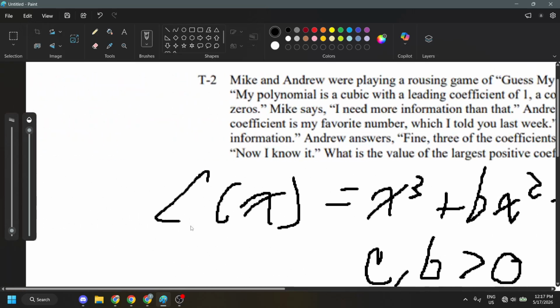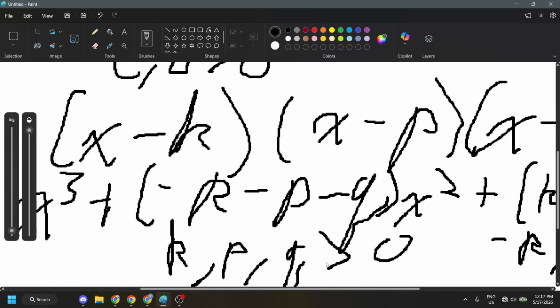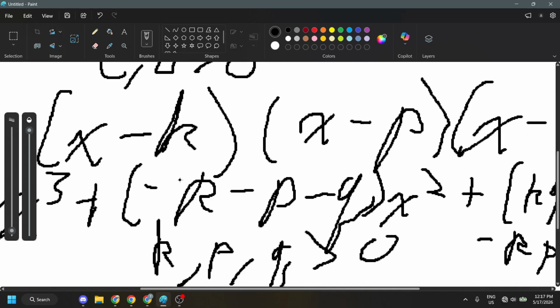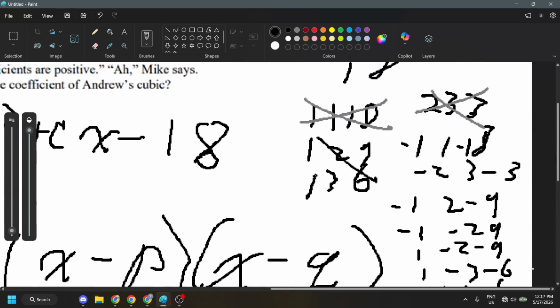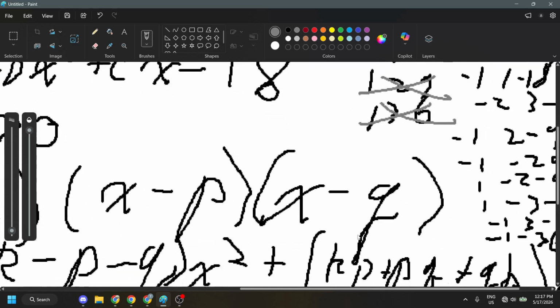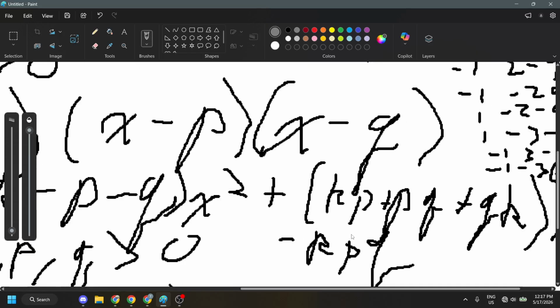Okay, so now let's think. They can't all be positive. If they're all positive, then this would be negative. We know that's untrue. So this is just not allowed. These two are not allowed. Okay, now let's try the rest. So, negative k minus p minus q.